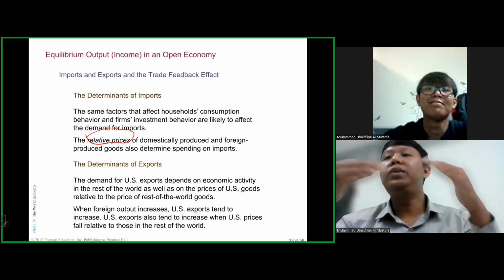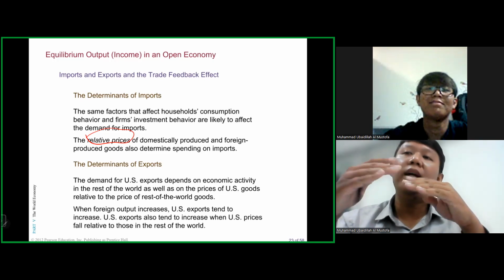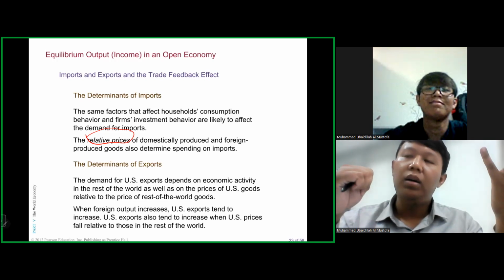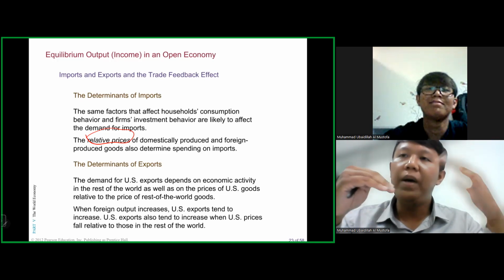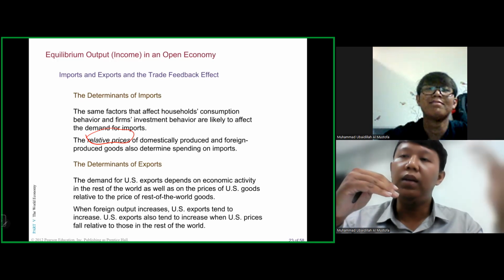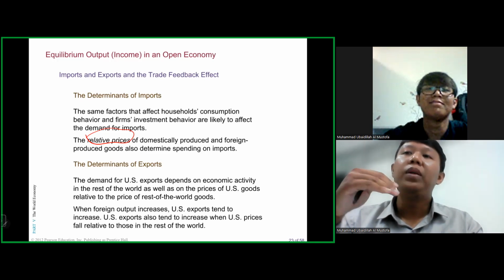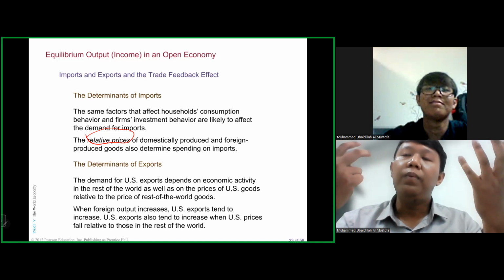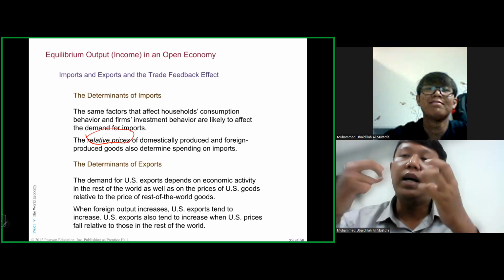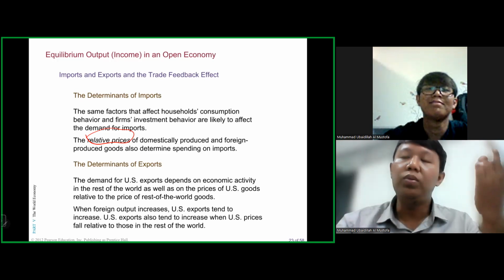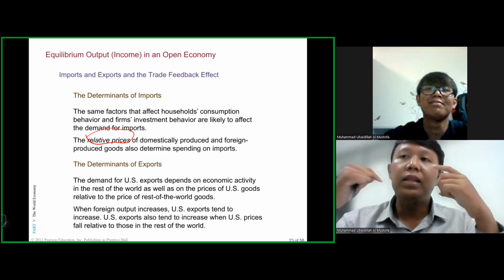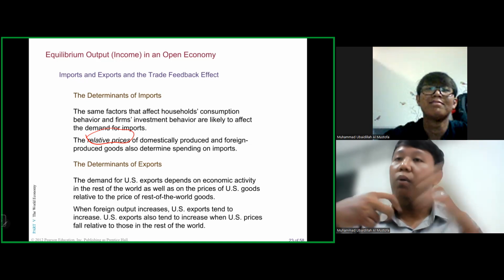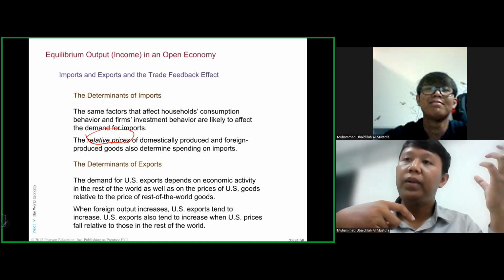Usually when we have a product that can be sold at a lower price compared to those products produced in foreign countries, we will have more exports, because everybody will consider our product since it sells at a lower price compared to the global competitors in the market. So our export will increase.